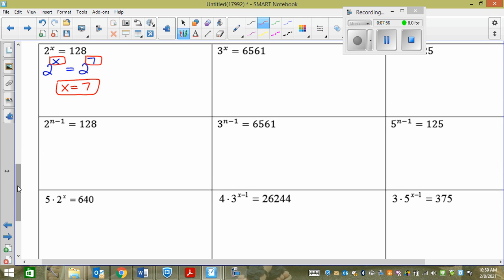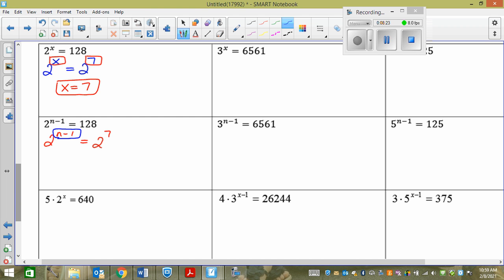Now we're going to look at this one. We're just doing steps. We're working our way up. Okay? 2 to the n minus 1 equals 128. I have to make them both be base 2 because it's the smaller one, right? Well, we know this is 2 to the n minus 1 equals 2 to the 7. So if this is true, what can I say for my next step?